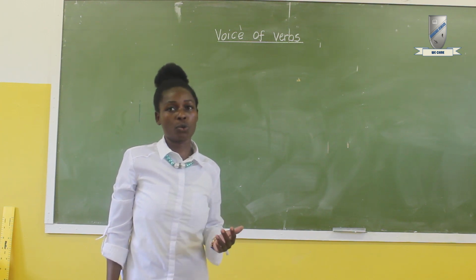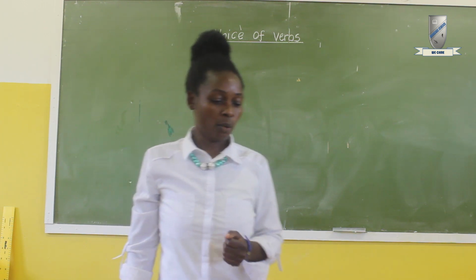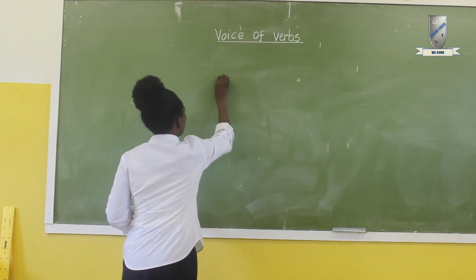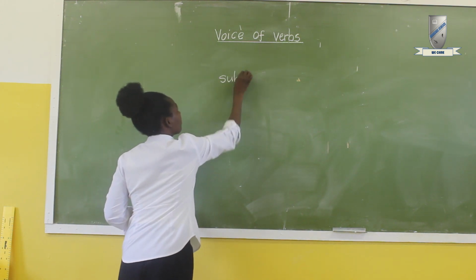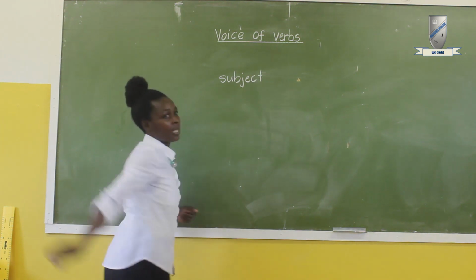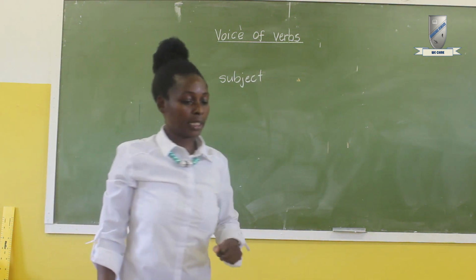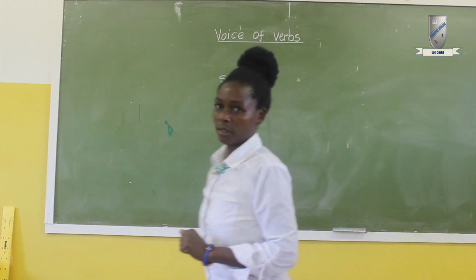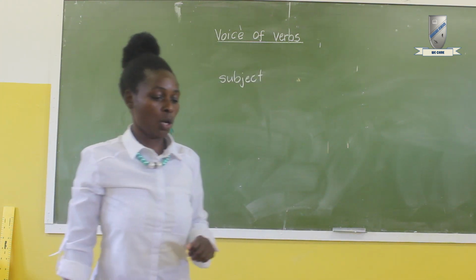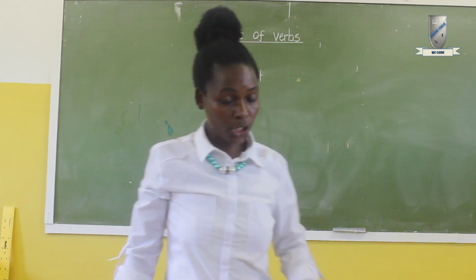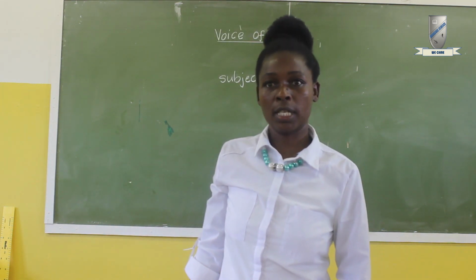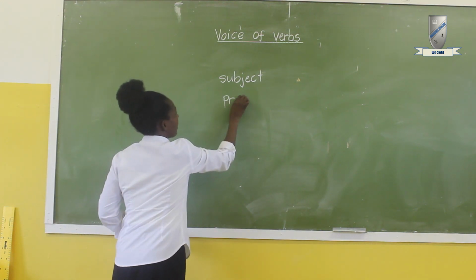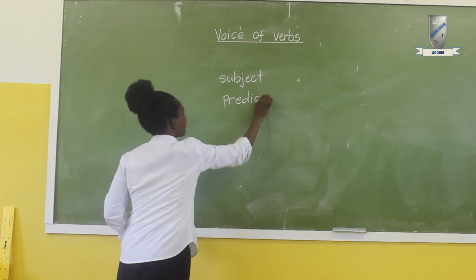For some of you who might have forgotten, we have a subject. The subject is the doer of an action, the one who does the action in a sentence. We also have what we call the predicate.